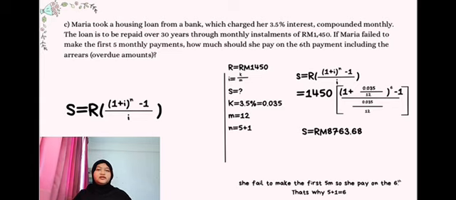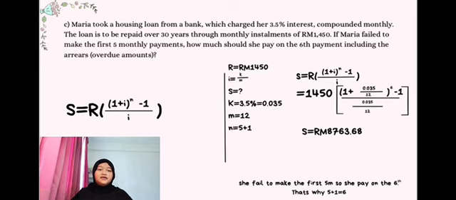The R value is 1,450 ringgit. The i value is 0.035 over 12. The k value is 3.5%. The m value is 12. The n is 5 plus 1 because she failed to make the first 5 monthly payments, so she pays on the 6th payment including the arrears.